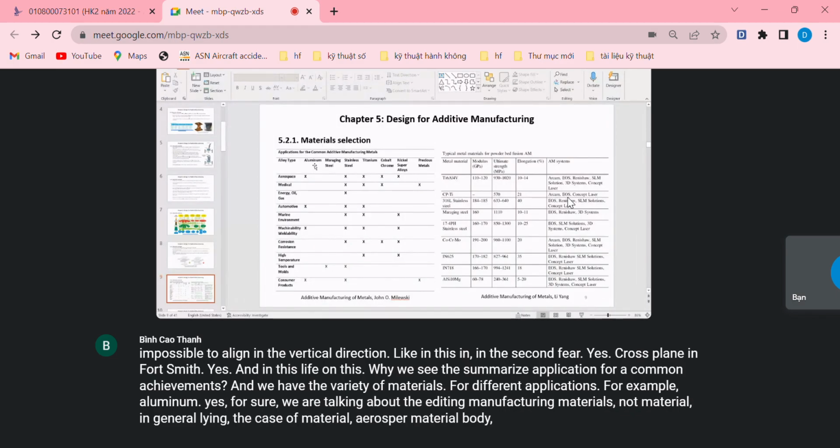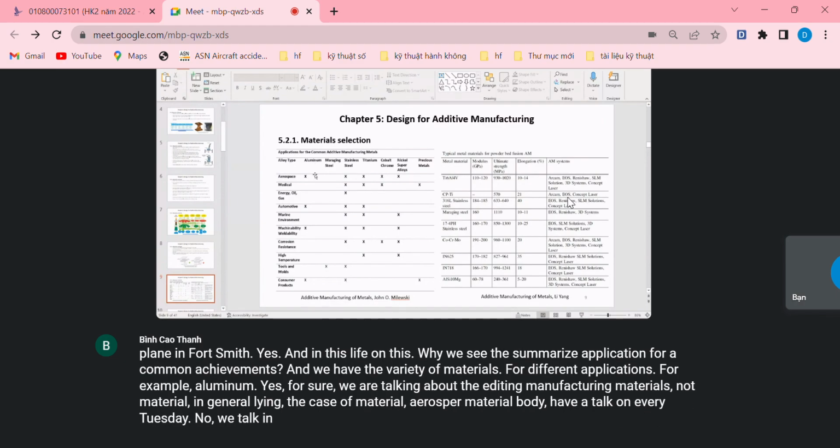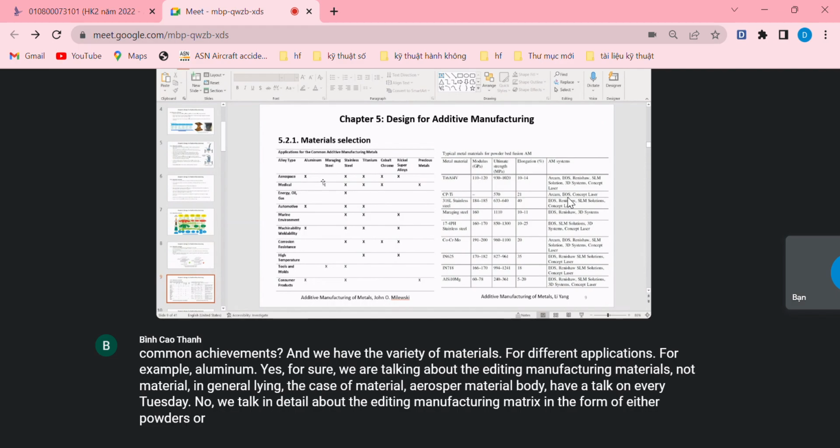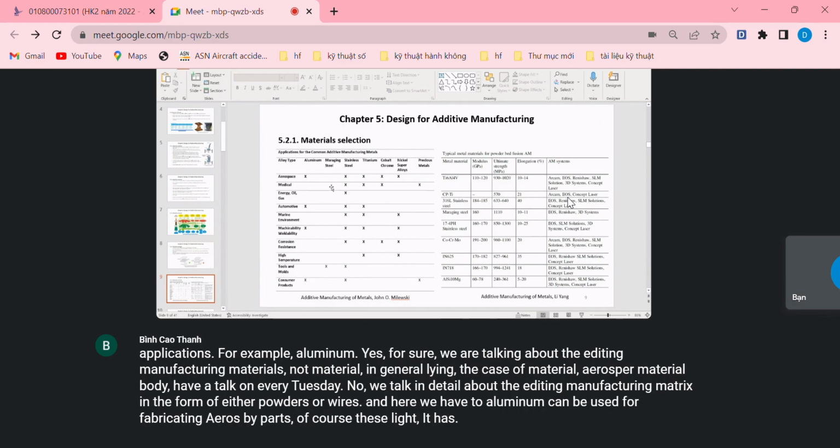But we have a talk on every Tuesday. We talk in detail about the additive manufacturing methods in the form of either powders or wires. And here, aluminum can be used for fabricating aerospace parts, of course, because it's light. It has good strength, good ductilities.